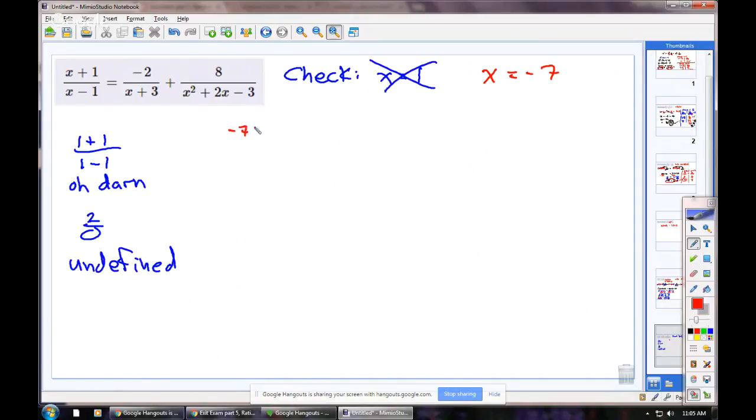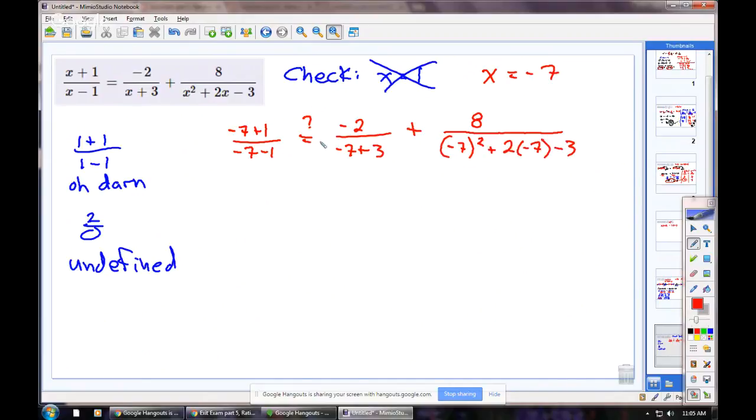Negative 7 plus 1 over negative 7 minus 1. Does that really equal negative 2 over negative 7 plus 3 plus 8 over negative 7 squared, parentheses are necessary, 2 times negative 7 minus 3.